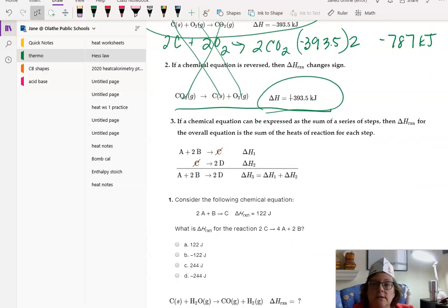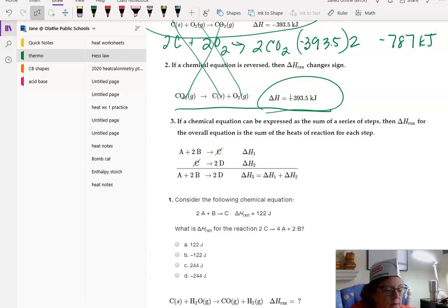The third piece of this is if you have multiple steps, you can put those together, and all you have to do is add up the enthalpies and you get the enthalpy of the reaction. This is for when you don't know the enthalpy of the whole reaction, but you know intermediate steps.